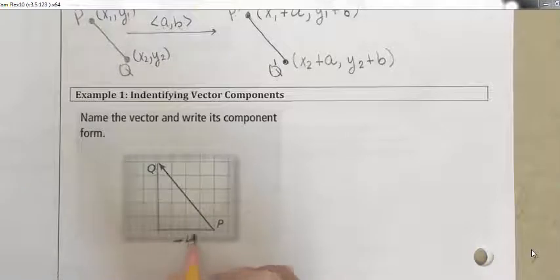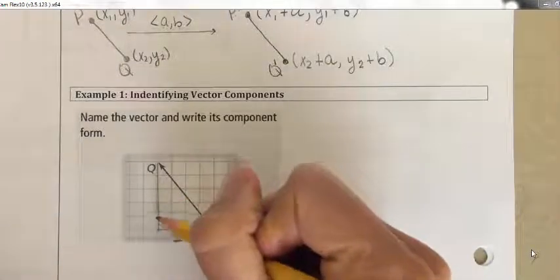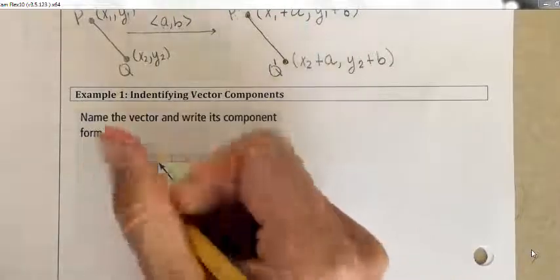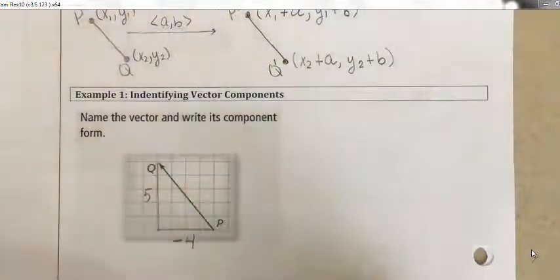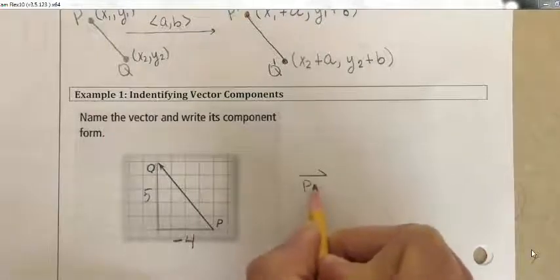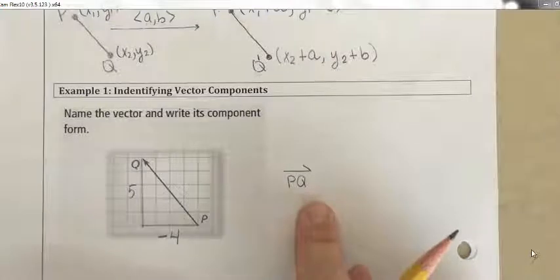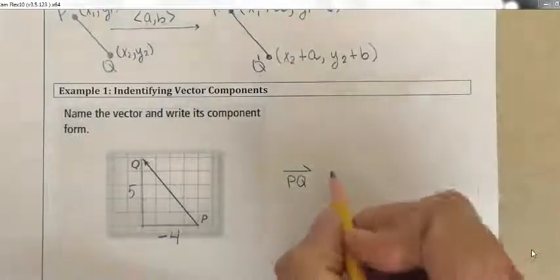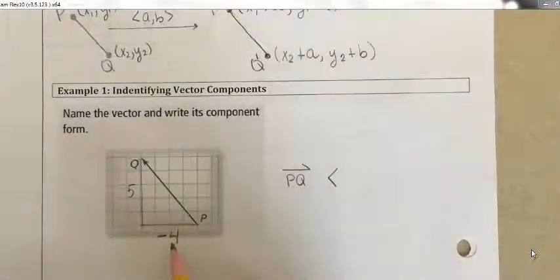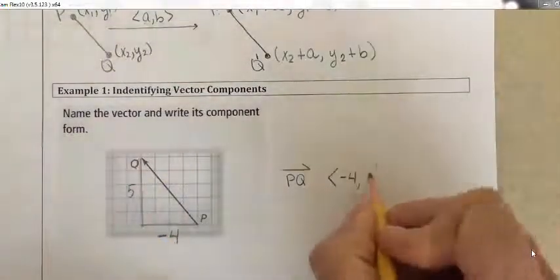So that would be a -4. And how far up did I go? 1, 2, 3, 4, 5. Okay, so this is vector PQ. That's the name of the vector. And now let's write it in its component form. The horizontal component is -4, and the vertical component is +5.